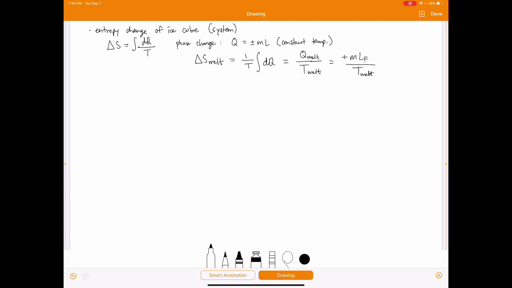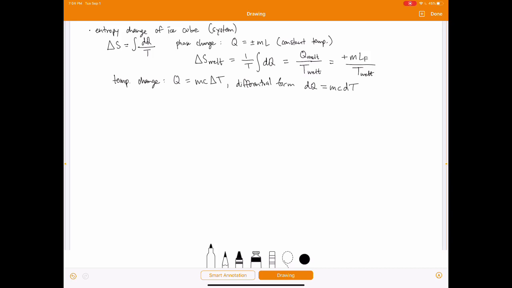Now, that's not the only thing that happens to the ice cube. The ice cube, after melting, is now liquid water at 0 degrees Celsius. But that now liquid water is going to heat up, its temperature is going to increase until it reaches the temperature of the room. So we also have a temperature change that's going on here. And we'll remember that in that case, Q is given by mc delta T. If we want to express this in differential form, in other words, dQ is equal to mc times dT.